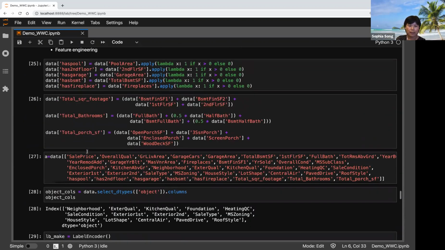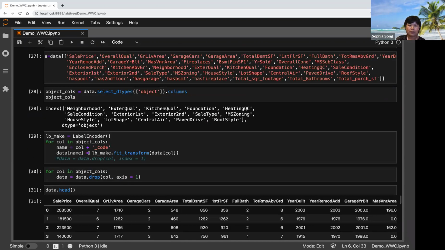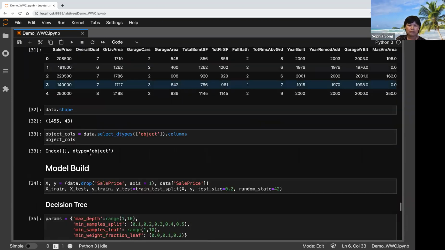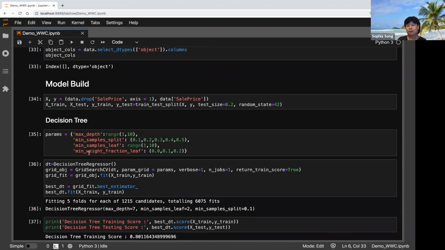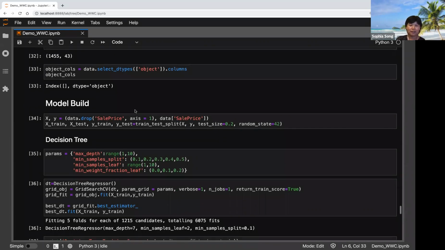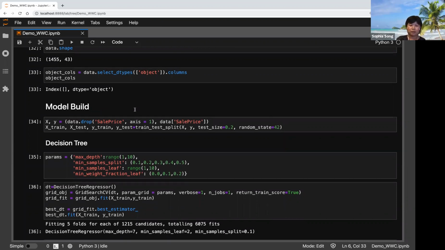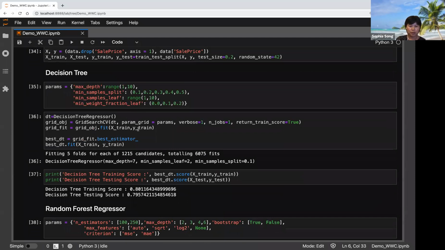So you have binary labeling and multiple label encoding. All of this is the feature engineering part. Actually, data processing and feature engineering is usually very time consuming. Then, once you import the model, you can directly do the prediction.